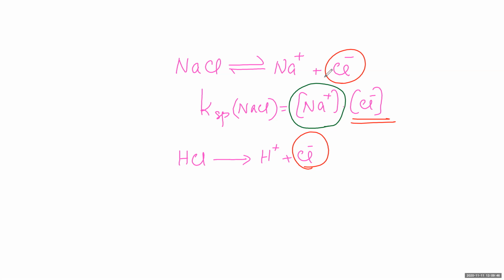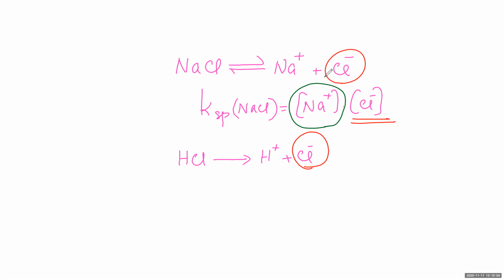So the product between Na+ and Cl-, that is the ionic product, becomes greater than the solubility product Ksp, because Ksp should be a constant.